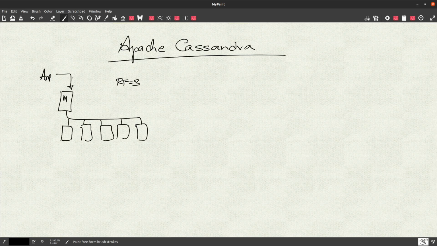All right, so the application is contacting the master, and remember, 3 copies. So let's do a role play. The application says, okay, at time T1 you insert the value A. Replication factor 3. So the master is going to say, okay, you node, you get A the data, you node, you get A the data, and you as well. You must have noticed I skipped 2 nodes here. Again, that's something I'm going to come to in a little bit.